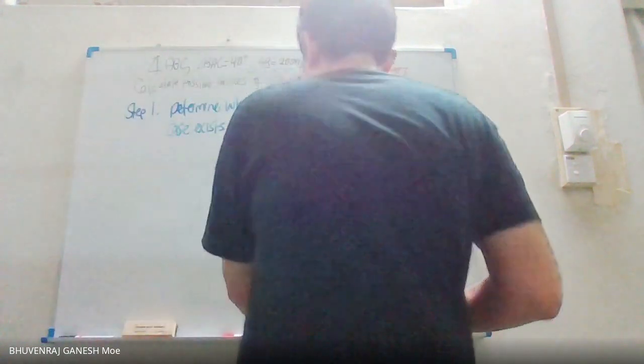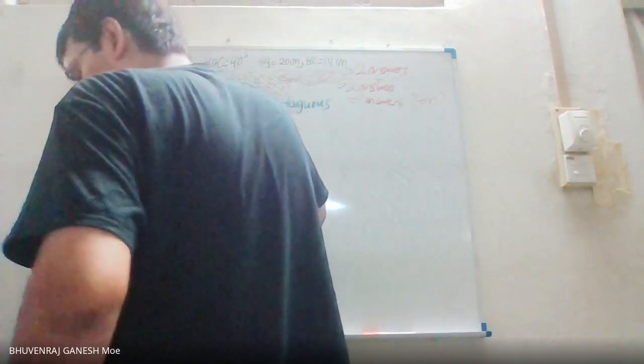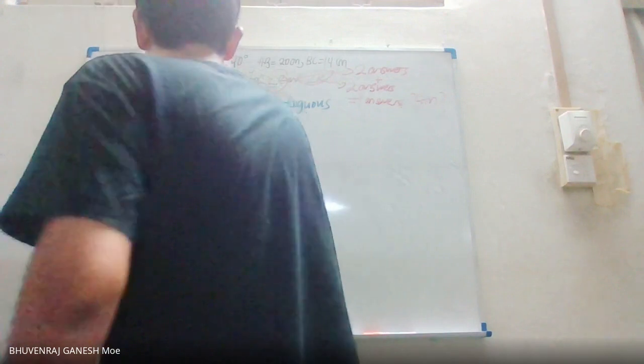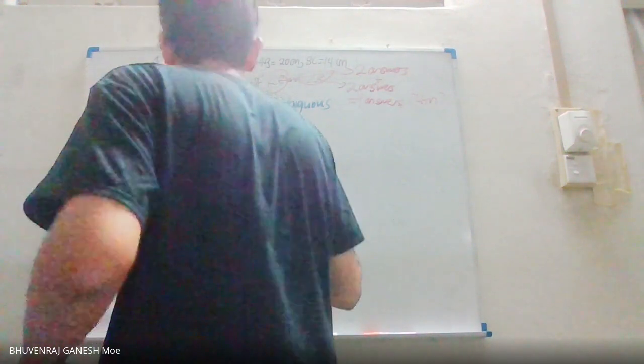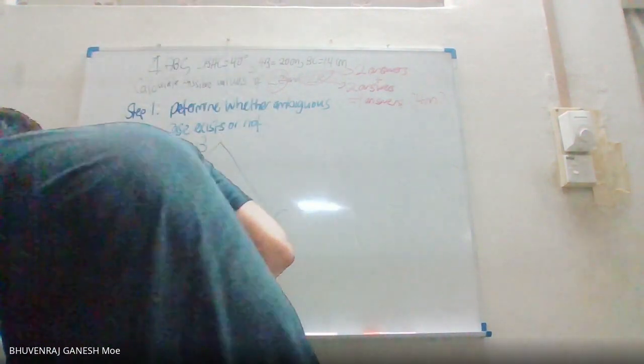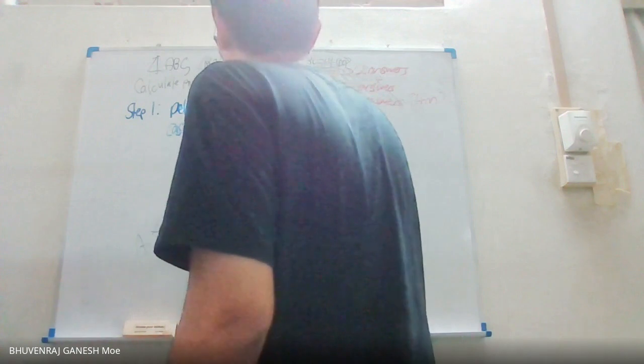Let's draw it together. Here is A, here is B, here is C. Remember, when they give you info, fill it inside the diagram so that you know what you're having.